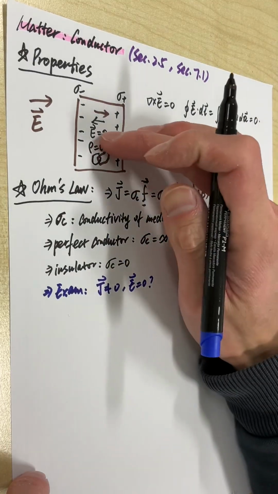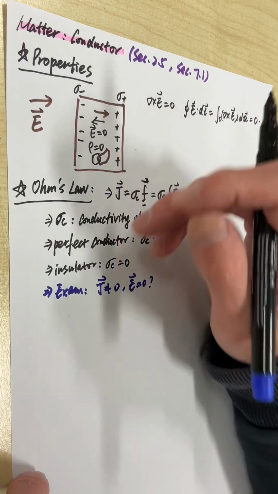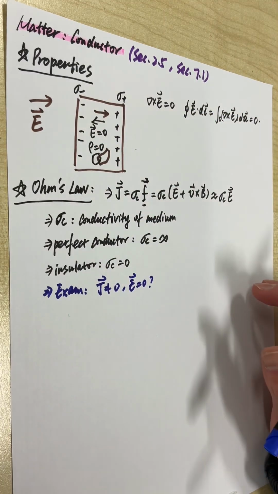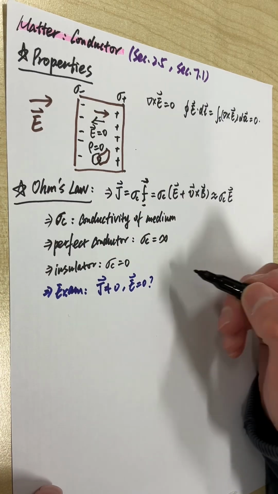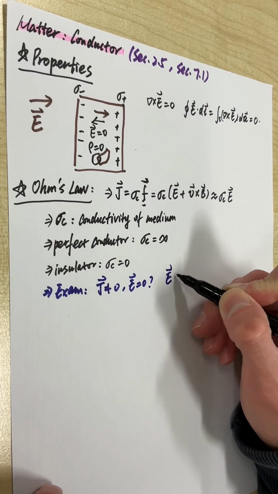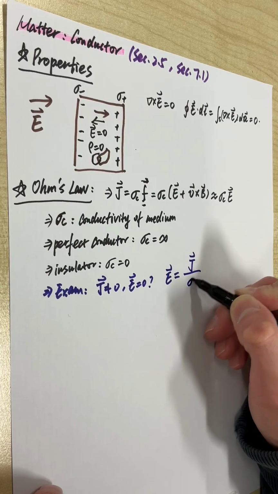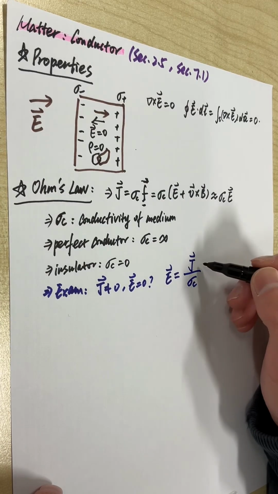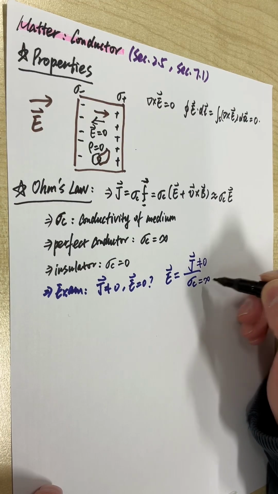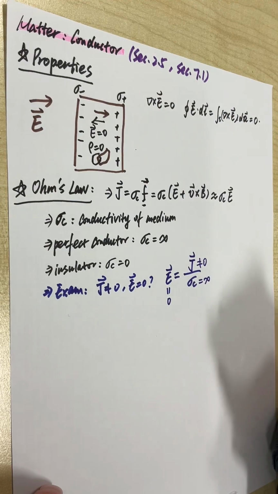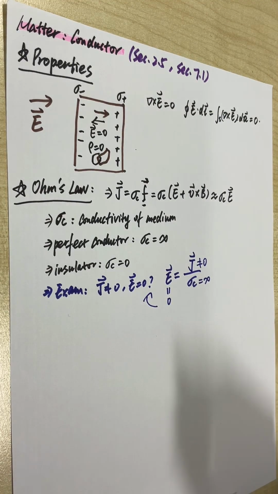Like in a conductor, there's no internal electrical field, but flow of charge will give you current. So how to see it from Ohm's law? We have electrical field equals current divided by conductivity. So if current doesn't equal 0, but conductivity is infinite, then the electrical field equals 0. So this is possible theoretically.